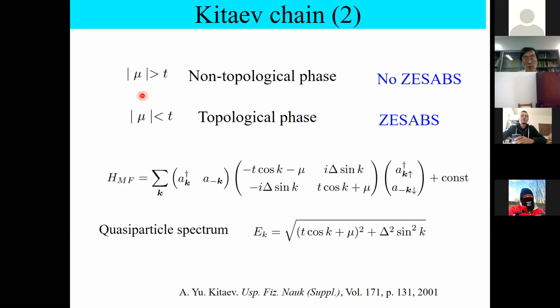If the magnitude of the chemical potential is larger than the hopping integral, the transfer integral, a non-topological phase is realized. In that phase, there is no zero energy surface Andreev bound state. In the language of Majorana fermion, there is no Majorana fermion. On the other hand, if the chemical potential is smaller than the transfer integral, it's a topological phase, and we can expect a zero energy surface Andreev bound state, namely Majorana fermion.